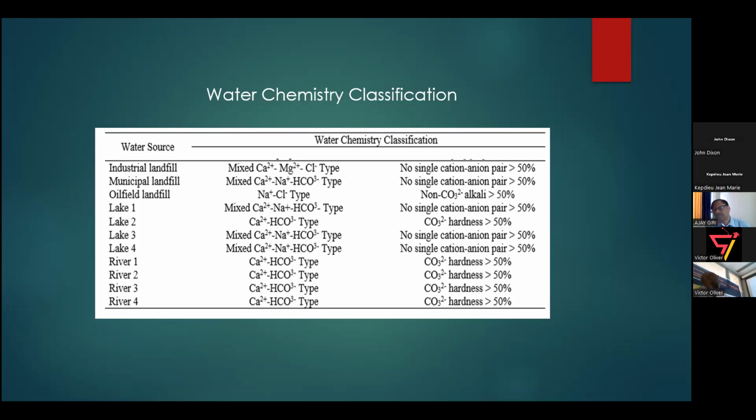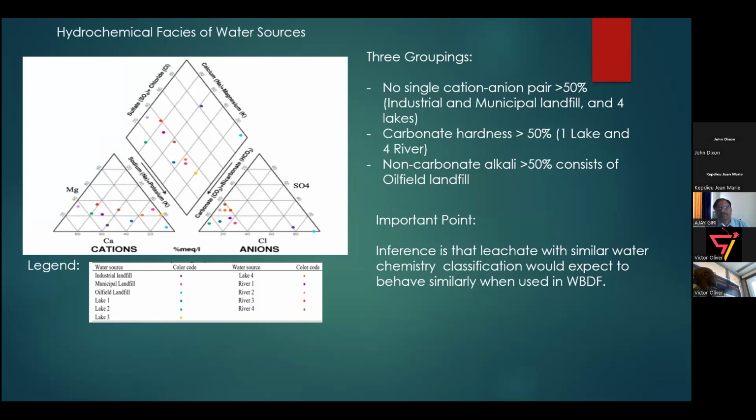So what we've done is put that information on the hydrochemical facies, and that's pretty much what it looks like. When you color code it, you can see the distribution for the different landfills. Based on the facies here, we say there are 3 groupings. No single cation and anion pair greater than 50%.